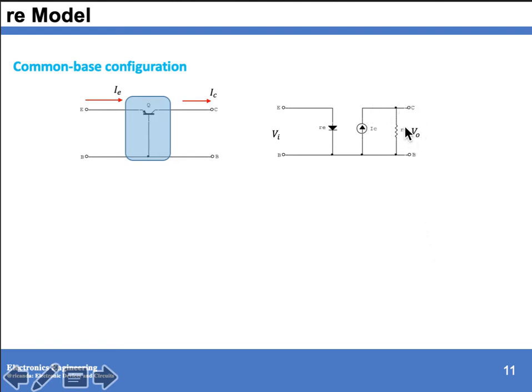And we have your internal resistance, or we call this one as r_o, that is a resistance between your collector to emitter junction. And we have your V_o, that is across your collector with respect to base, and your V_i input, that is from your emitter with respect to base.